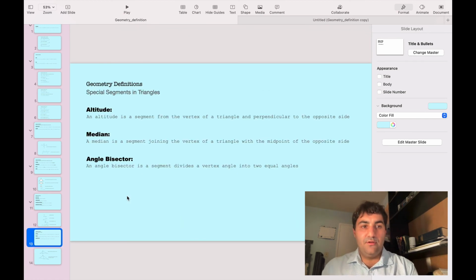The last thing I want to look at are some special segments that occur in triangles. The first type of segment is an altitude.